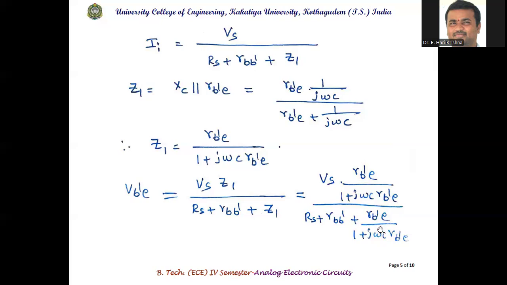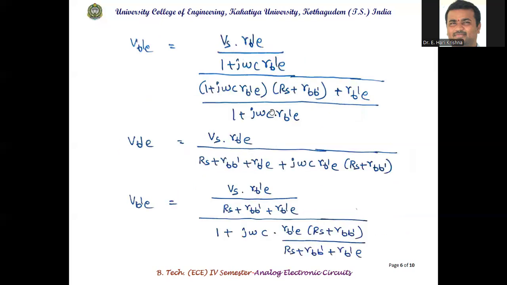The mathematical simplification of this equation was given in this slide. For the numerator and denominator simplification, we take the LCM of 1 plus j omega C RB'E. So 1 plus j omega C RB'E multiplied by Rs plus RBB' plus RB'E, and this gets cancelled.